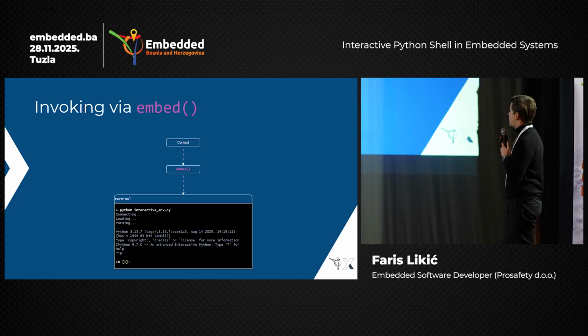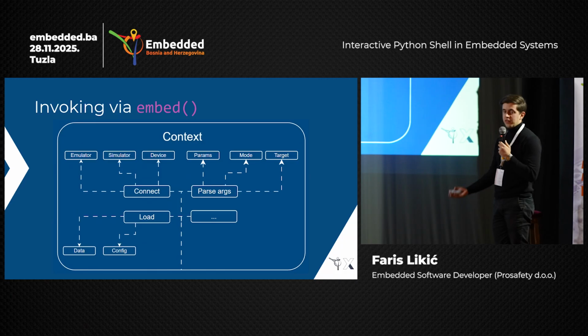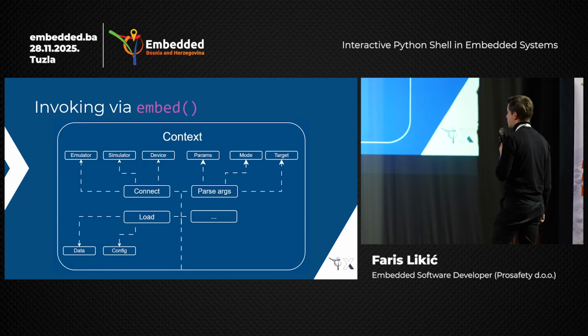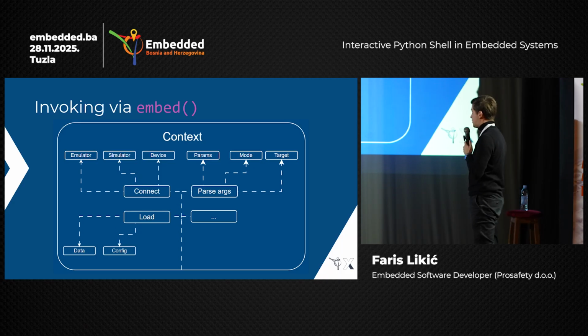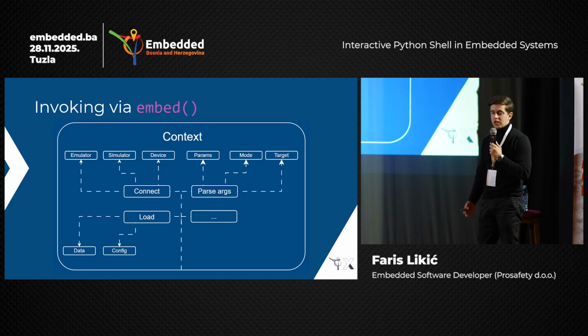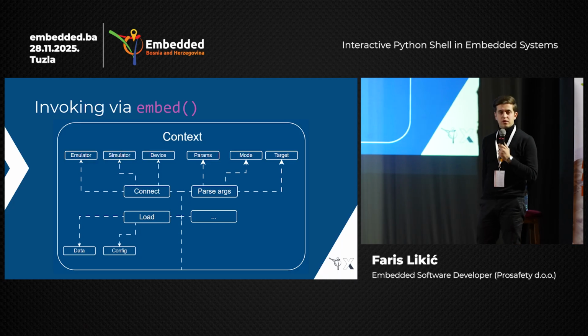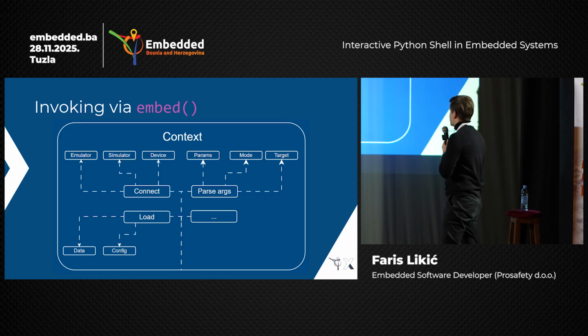This is how it works. So first things first, we have to generate some kind of a context. This context could be anything, but let's go over some of these things we prepared for you here. So first of all, you could connect to some kind of a device. That device could be some kind of a remote device, or it could be a simulator or some kind of an emulator, you name it. Then you could parse arguments.